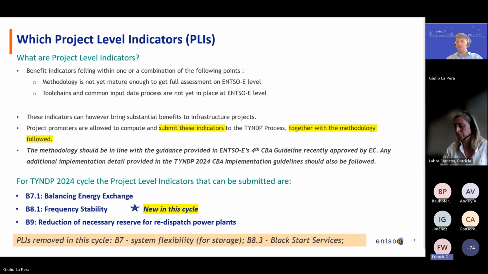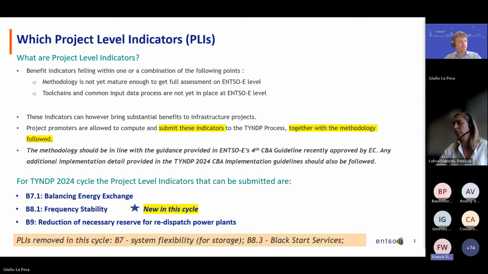The reason being that the maturity of the methodology was just not enough to be used at the European level at this point. And yeah, this is a summary of what we have in this cycle. We also had the opportunity to have a webinar back in September of 2023, where we were focusing on these new indicators and potential project level indicators, if some of you were able to attend.